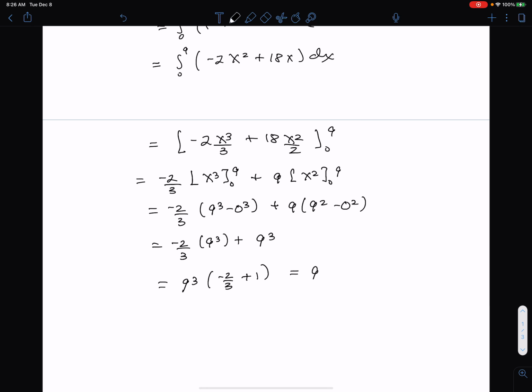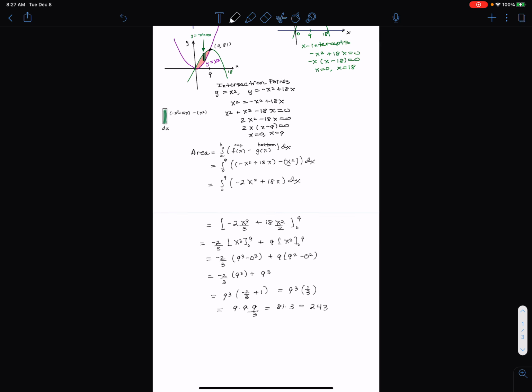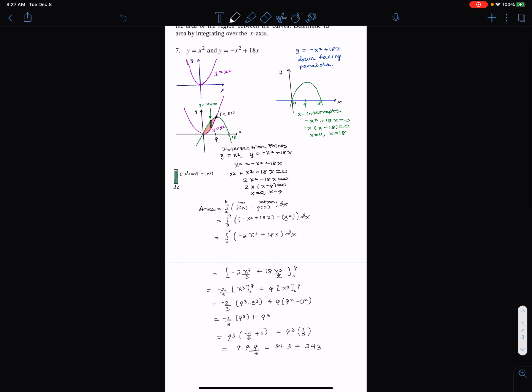That's going to make 9 to the third times negative 2/3 plus 1, so it's 9 to the third times 1/3. Or some people are like, hey, just use a calculator. What's the big deal? So this is 9 times 9 times 9 divided by 3. So that's 81 times 3, which is 243.